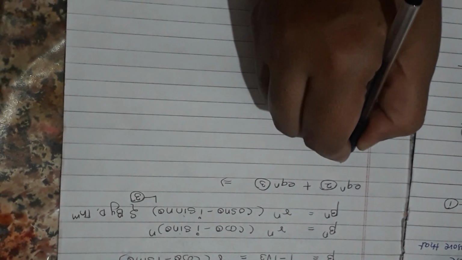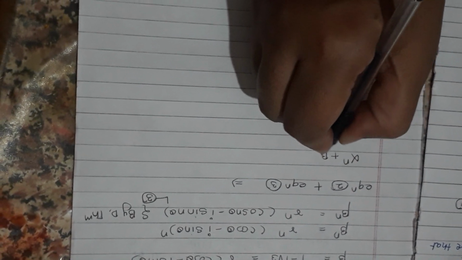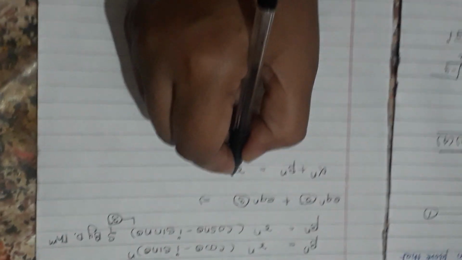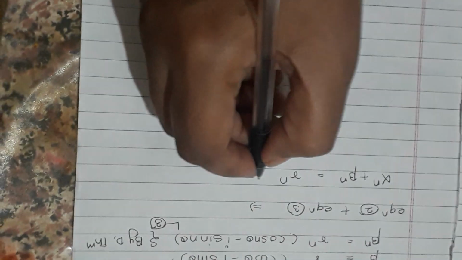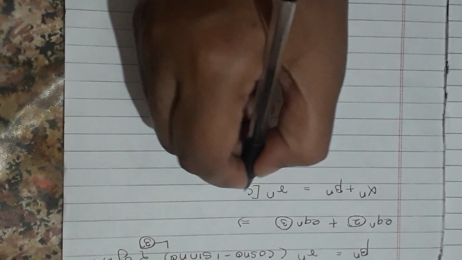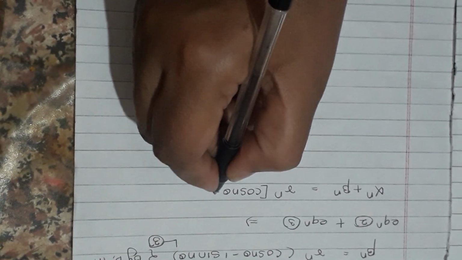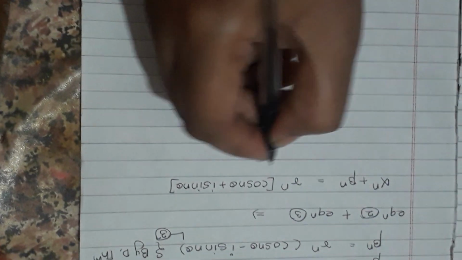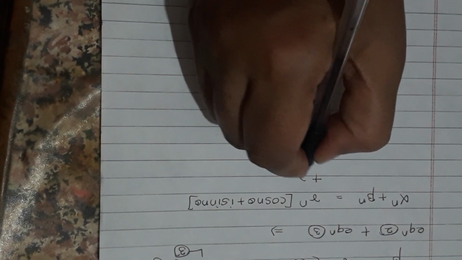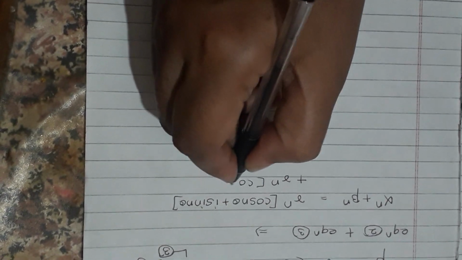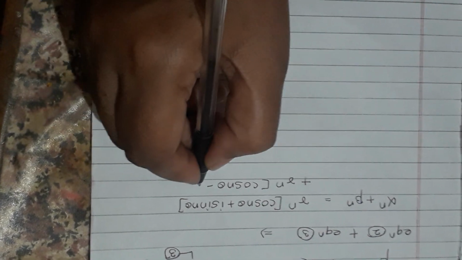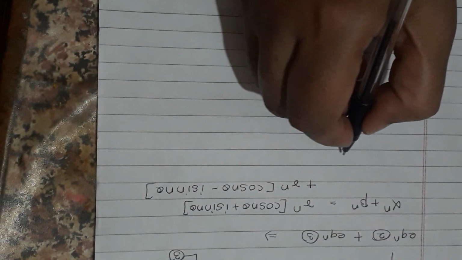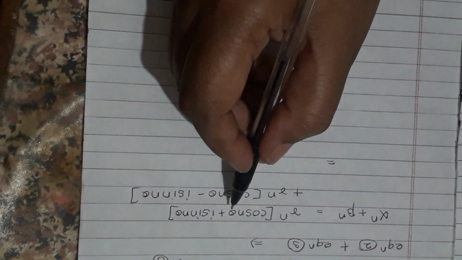That implies that alpha raised to the power n plus beta raised to n is equal to, here the value of alpha raised to n from equation 2, that is r raised to n into, in bracket, cos n theta plus i sin n theta, then second, beta raised to n value, r raised to n into, in bracket, cos of n theta minus i sin n theta. Finally we can simplify that.